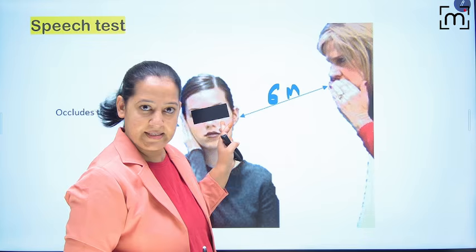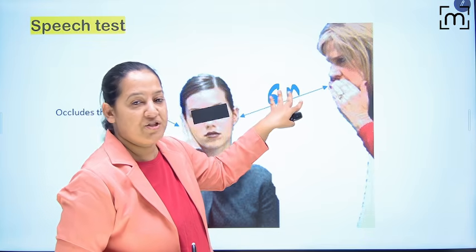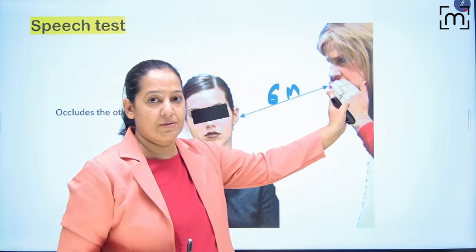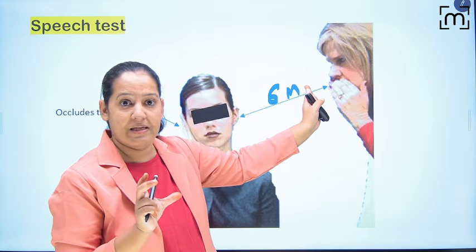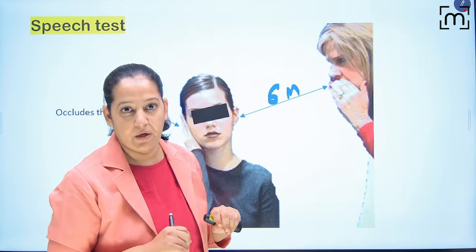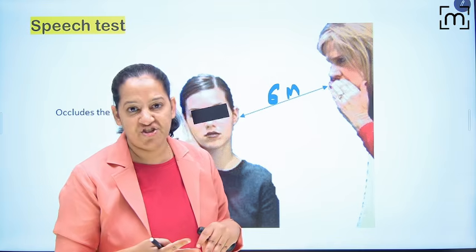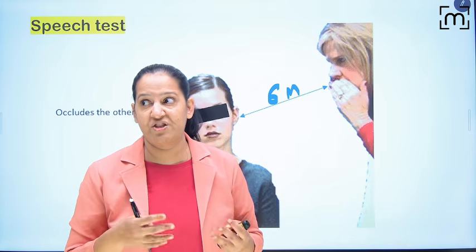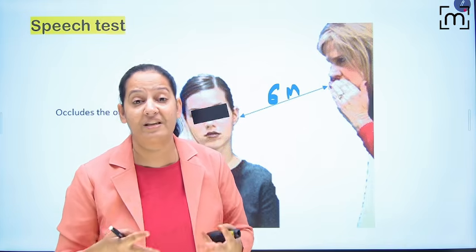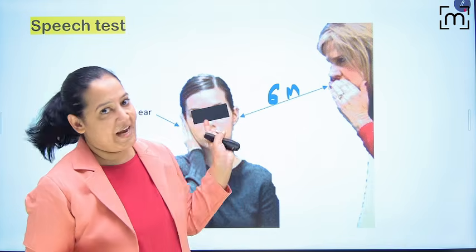If the patient says yes, I can hear, the patient is normal. But if the patient says no, I can't hear, the distance is reduced, and we note the minimum distance at which the patient can hear the sound. Here we note the distance for the normal conversational sound as well as the whisper sound, based on which we judge whether the person has mild, moderate, severe or profound hearing loss. So that is the speech test.